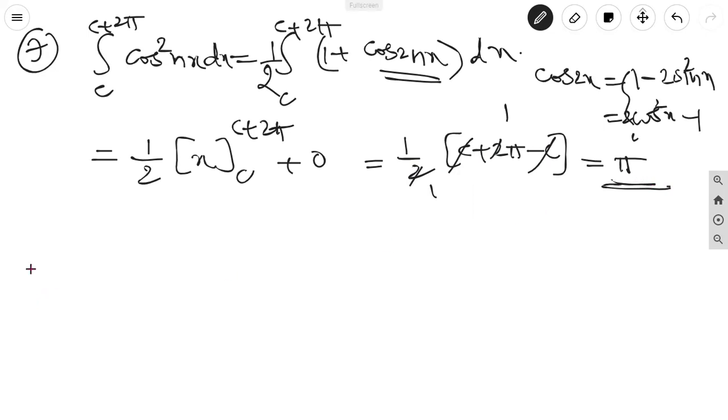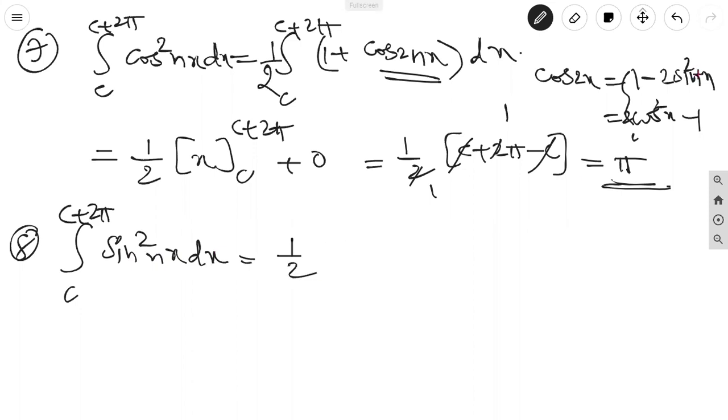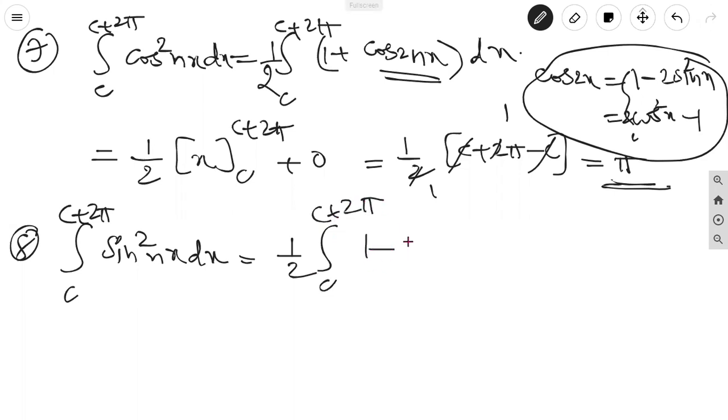In the same case, integral c to c plus 2 pi, if m equal to n, then sin mx sin nx becomes sin square nx dx. It is equal to 1 by 2, use again the cos 2x formula, integral c to c plus 2 pi, 1 minus cos 2nx whole dx.